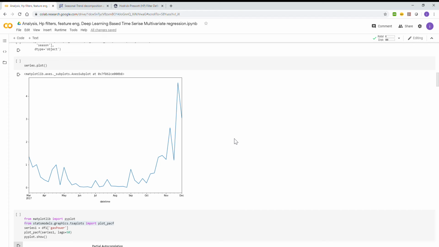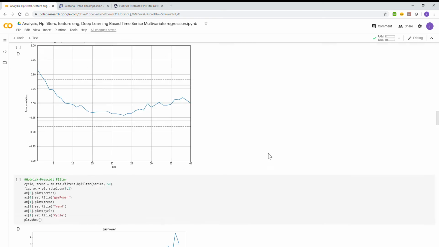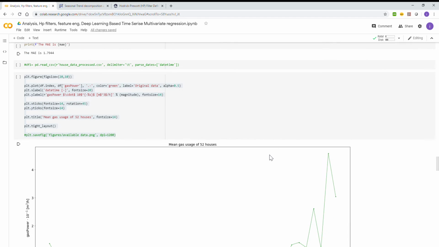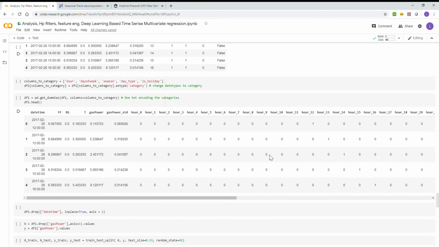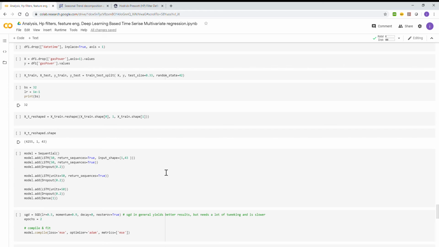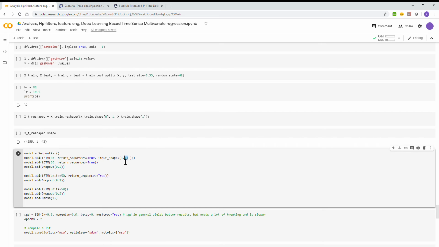One thing that I also wanted to share is, as it's sequential data, I was able to use LSTM. Here we are taking 43 features and one time step. When you are doing LSTM, you have to use this time step, so I have reshaped my data to have the input shape as 1, 43.